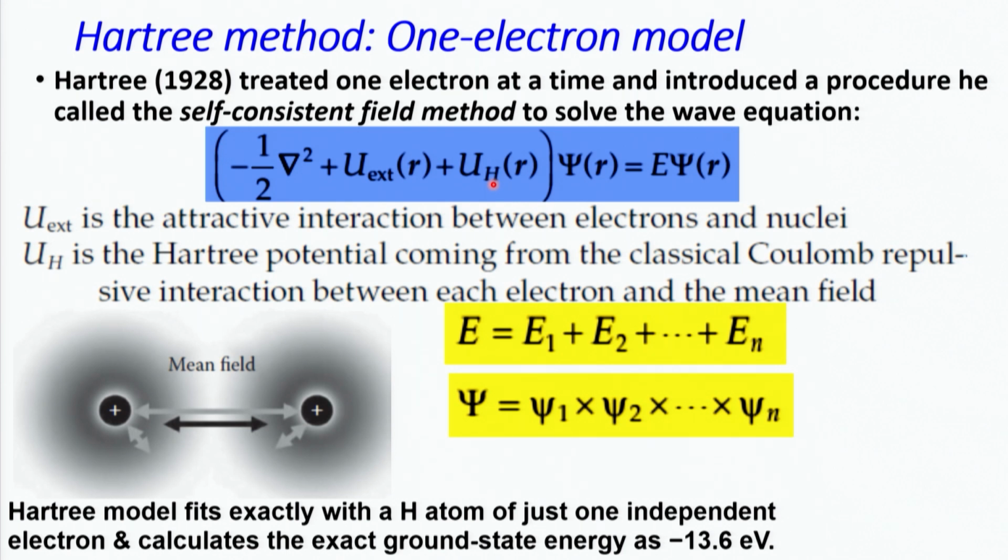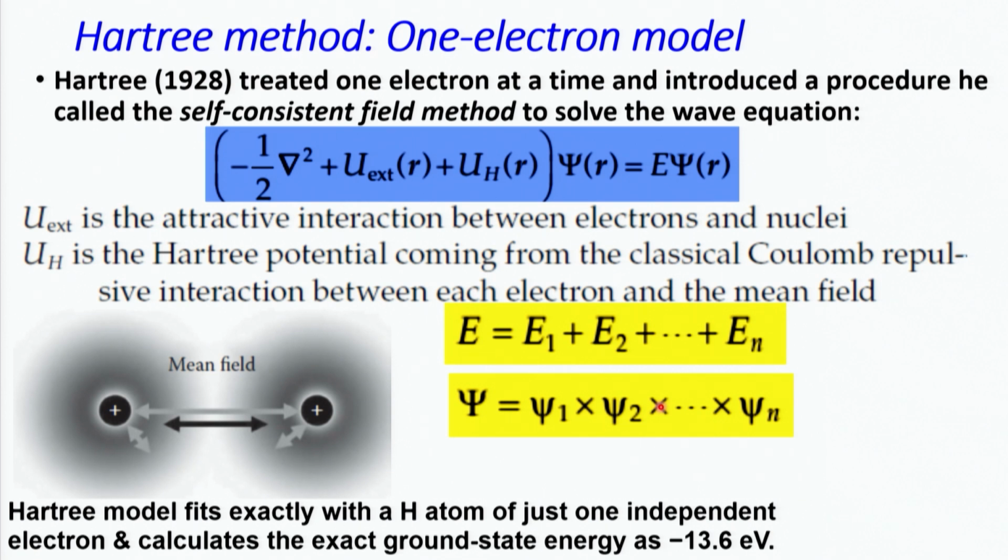That is why we write it as a Hartree potential U_H between each electron and the mean field. In this way, for each electron we can get the individual energy. The total energy will be the sum of these energies, and the total wave function will be the multiplication of the wave functions of each electron.